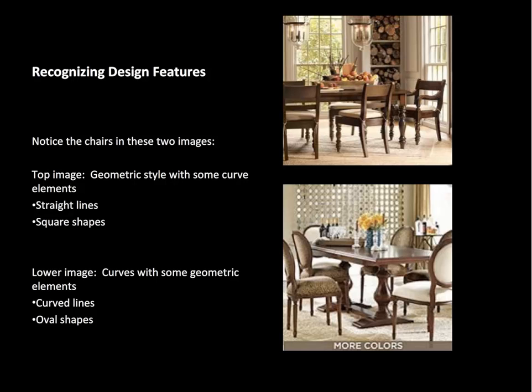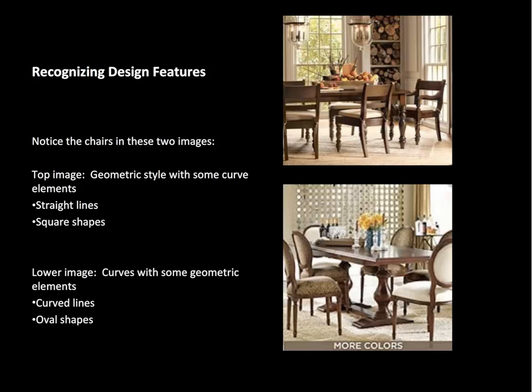We have straight lines, we have square shapes, and the curve comes in, as you can see, in the turned legs. The legs on the table and the front legs of the chairs have turning. So they do have some curves in them, but the majority of the table and the chairs are considered geometric, square, rectangular shapes.